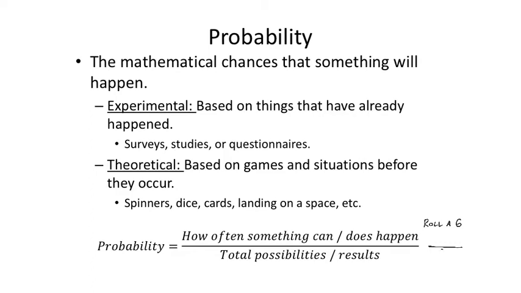So there's a total of 6 different possibilities that could happen on the dice. And again, this is before I would actually take a roll of the dice, which makes this theoretical. Well, how many of those numbers are an actual 6? Only one of them. So how often could that thing happen? It's only one face out of the 6 faces on the dice, so there's a 1 out of 6 chance.